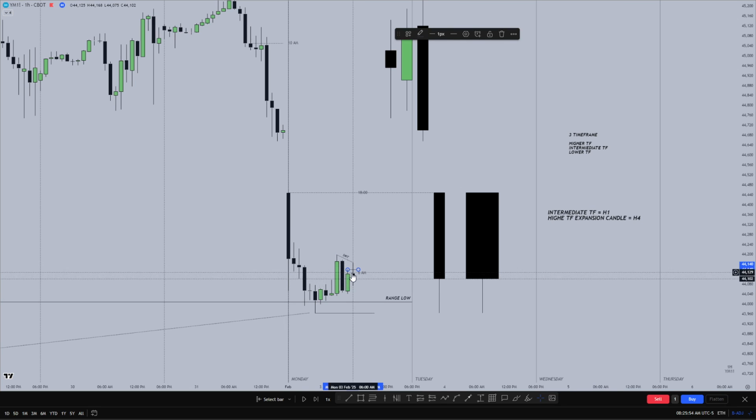Then I want to align this 1 hour to its aligned higher time frame expansion candle, which will be H4. And same for most of my trades in recent days, where my intermediate time frame was M15, I want to align it to the higher time frame expansion candle, which will be H1.